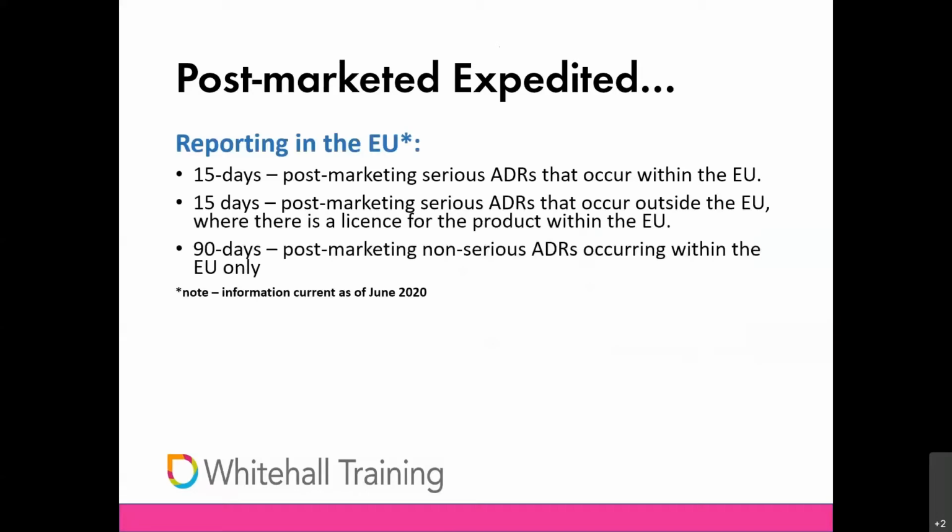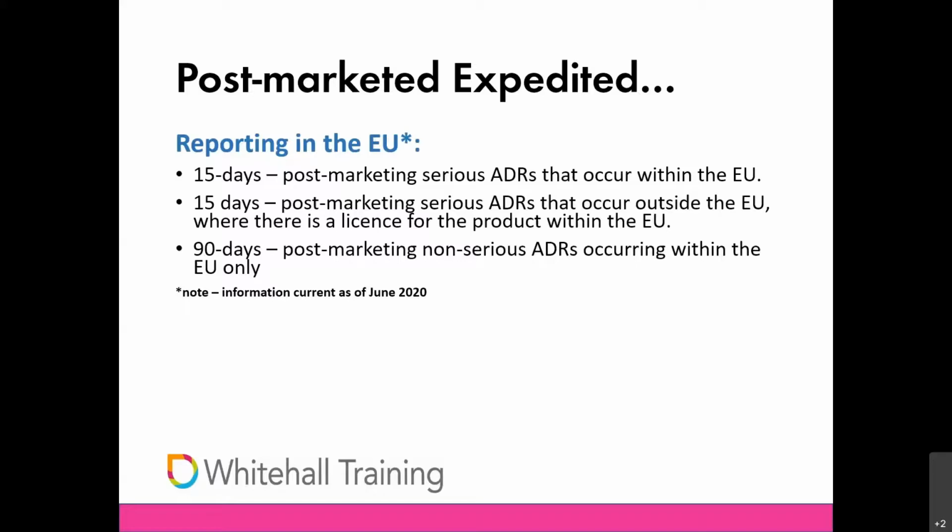So, post-market expedited reporting in the EU. You notice I put at the moment information current as of June 2020, and this applies to elsewhere as well, of course. So number one, if it's a post-marketing serious ADR that occurred within the EU, 15 days deadline. If it's a post-marketing serious ADR that occurred outside the EU, but for a product where there is a license within the EU, 15 days again.